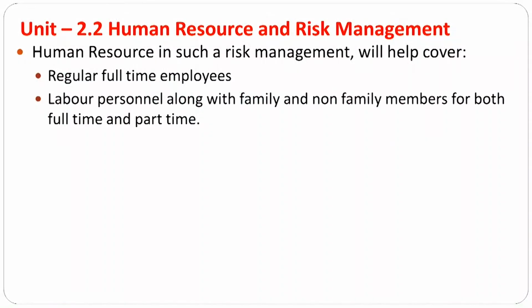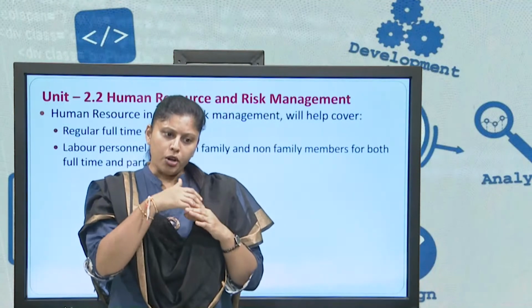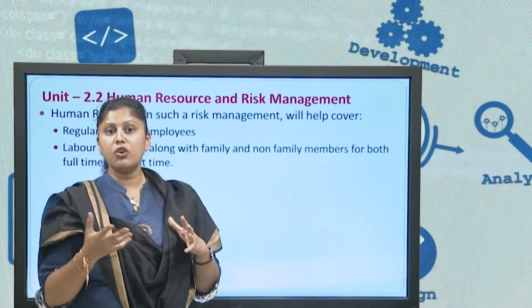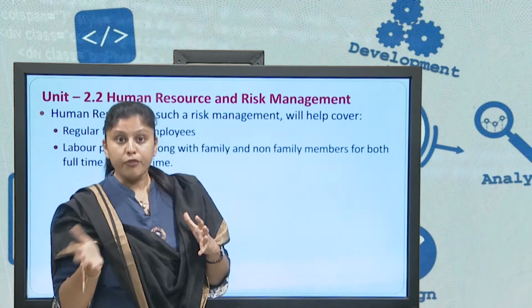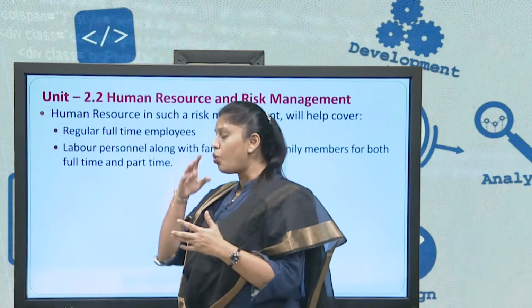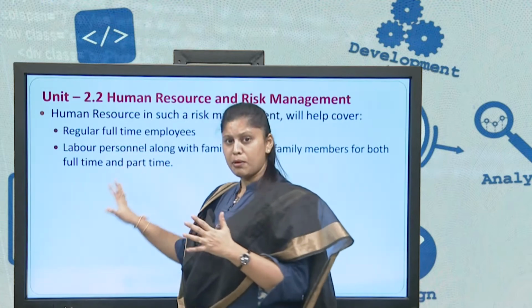They say that human resource will always find that certain employees who are giving a high amount of profit to the company should always be taken care of. Those employees are regular full-time employees, alright.